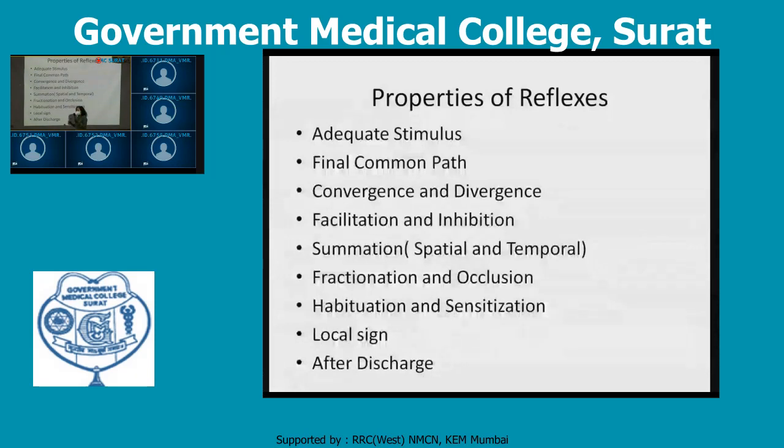That is known as occlusion. That is, if the multiple neurons are stimulated simultaneously, but the effect generated is not the desired one, that shows that some of the impulses are not properly conducted, and they are inhibited.